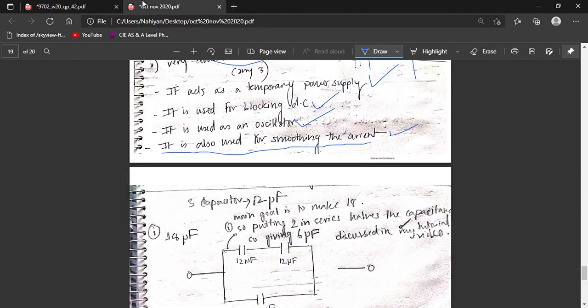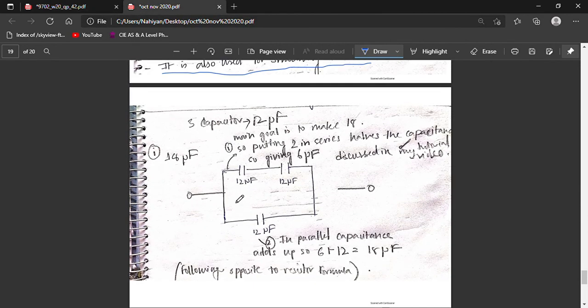It's kind of like the opposite of the resistance formula. So for making 18, what you can do is put 2 of the 12 microfarad capacitors in series. Our main goal is to make 18, right? Putting the 2 in series halves the capacitance.